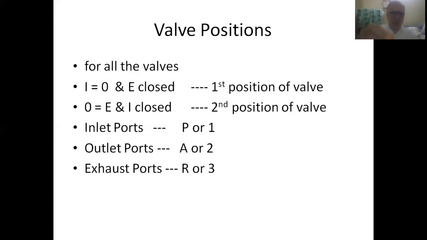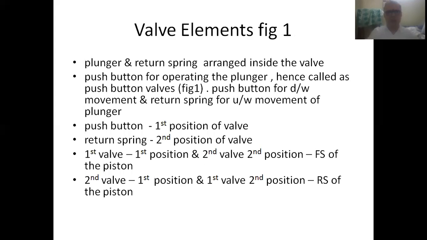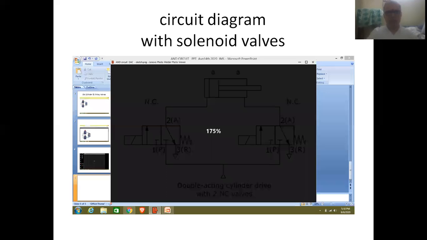Generally, they are denoted with the help of alphabets: P for inlet port, A for outlet port, and R for exhaust port. So friends, these are the notations to be remembered while indicating the ports of a three-way DC valve, and these are shown in these figures.